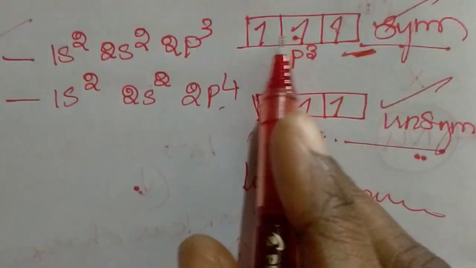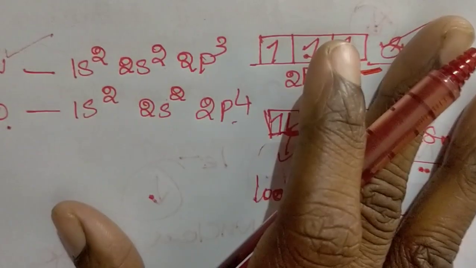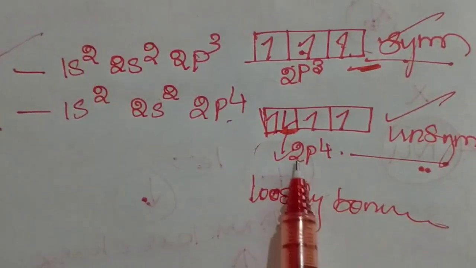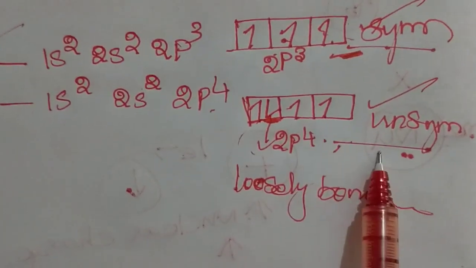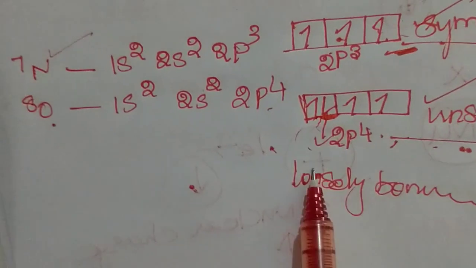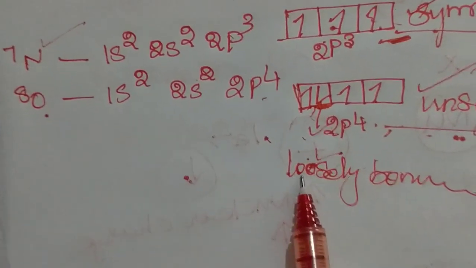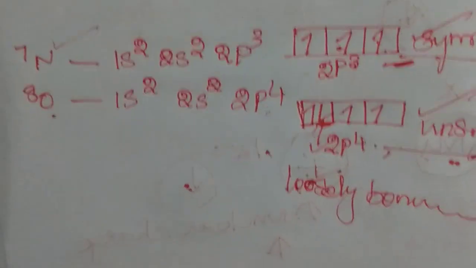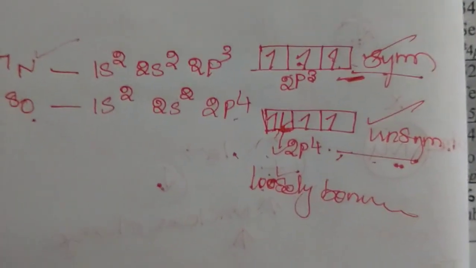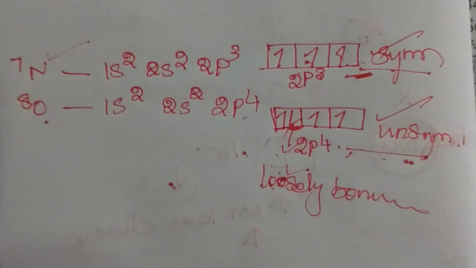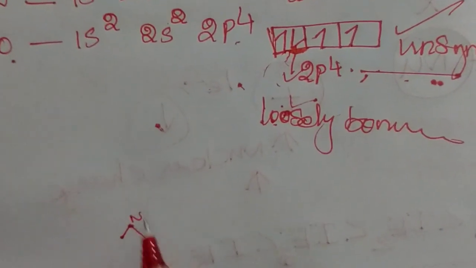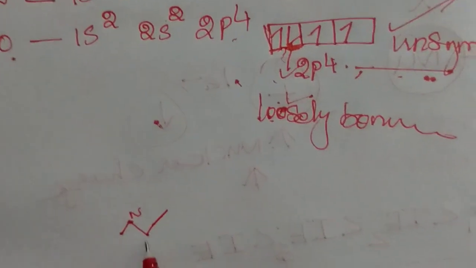But in nitrogen these three are stable because of the symmetrical distribution. There is no symmetrical distribution in oxygen. So this last electron is loosely bound, so we can easily remove that last electron from oxygen. That's why the ionization energy of nitrogen is more than oxygen.